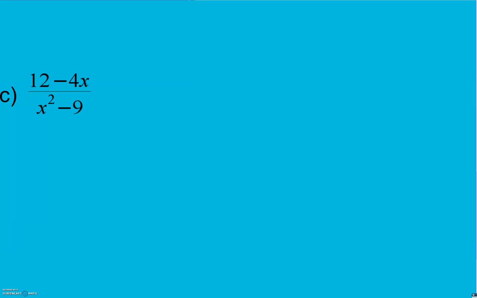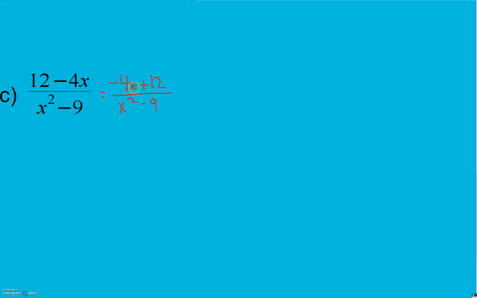See here, we're going to do the same thing. Our first step when we factor is to always factor out what's common. I'm also going to rewrite this here so that my x term is first. Negative 4x plus 12. It's just helpful to be able to see what we need to factor out.